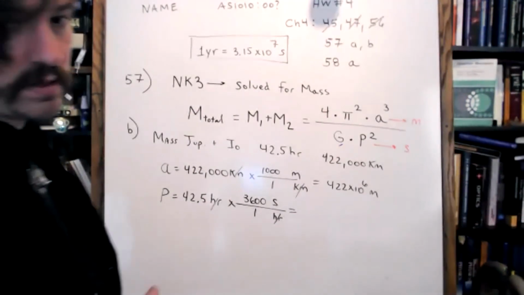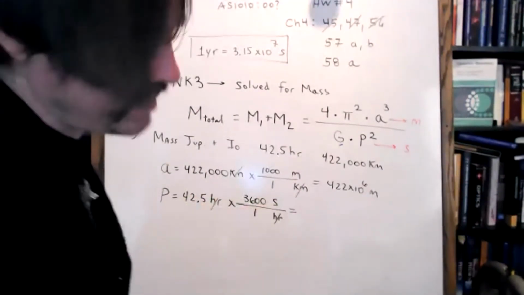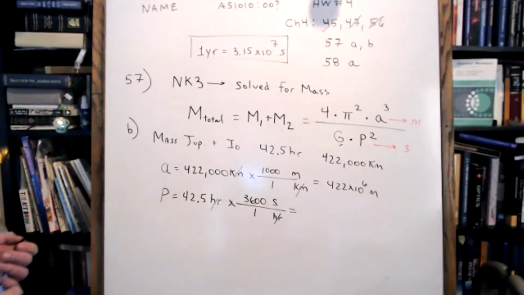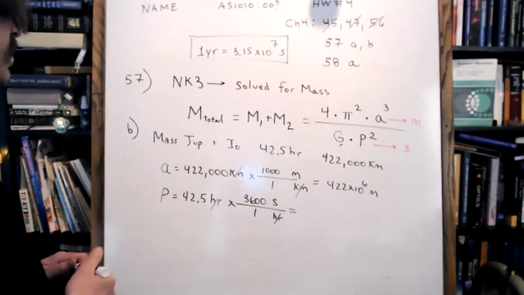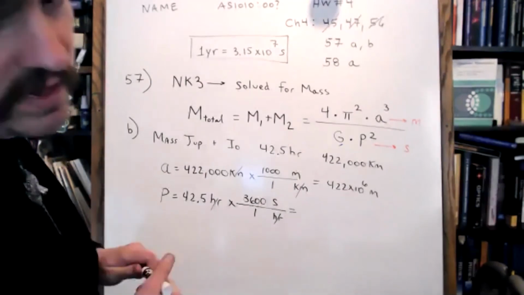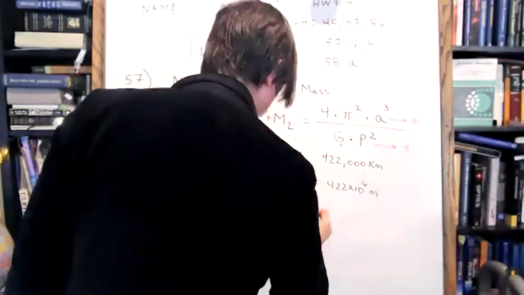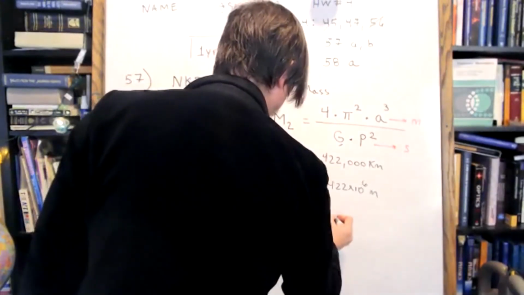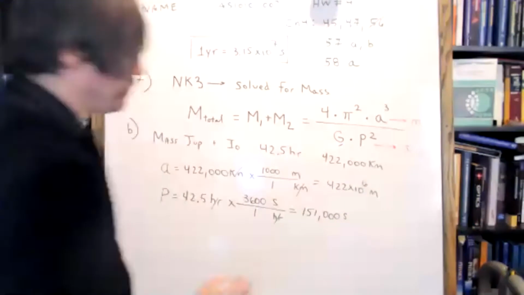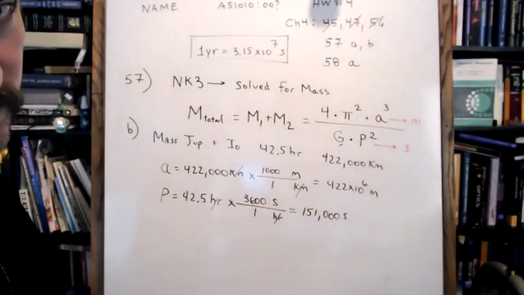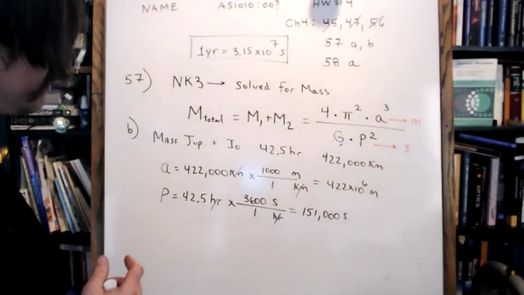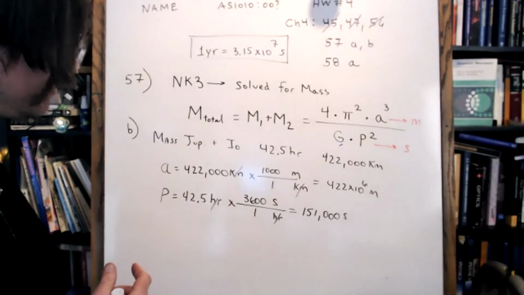Sure, they gave us 3 sig figs, so we'll stay consistent. It would be 1.51 times 10 to the 5th power seconds. It's less than a million, so I really don't need scientific notation. So how about just 151,000? Did you round properly, Nori, or whoever was talking to me then? Yeah, I rounded.